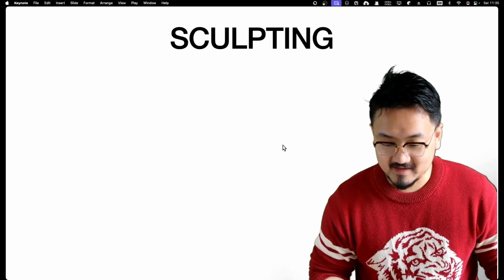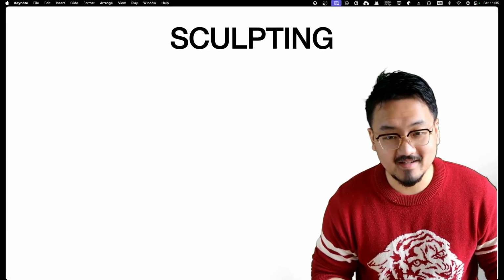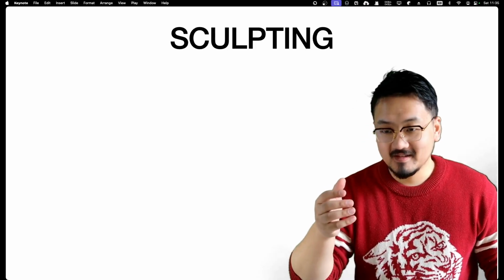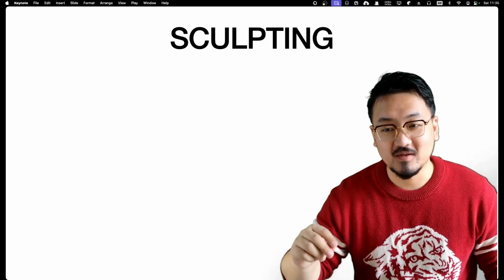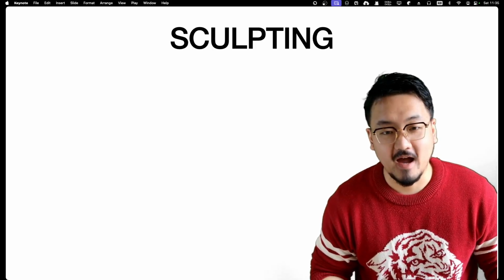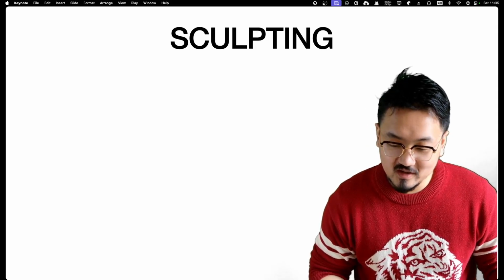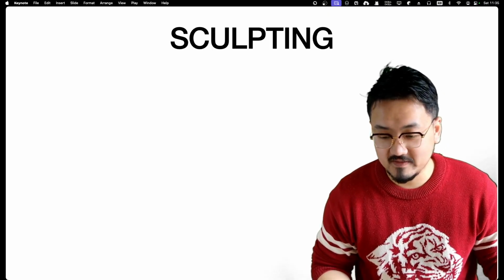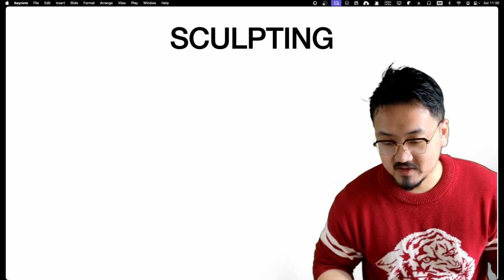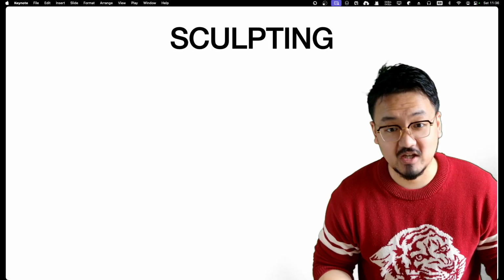Okay, and yeah, the sculpting. Traditionally you need to actually do this sculpting yourself, right? Using clay and all that. But I'm not going to do too much real life sculpting. In fact, this is my personal preference, I prefer to do sculpting digitally.